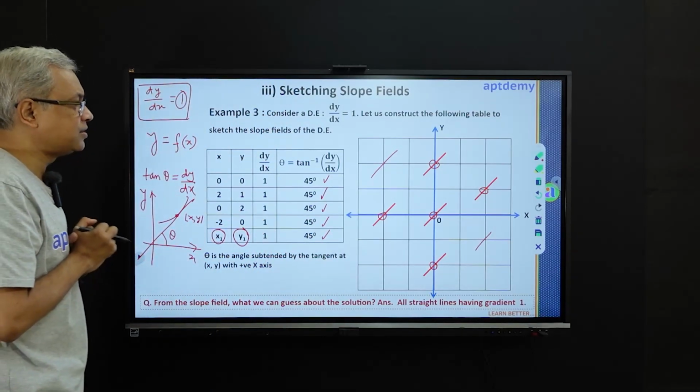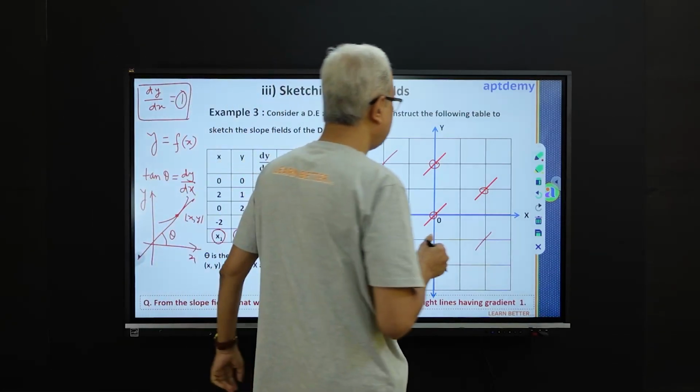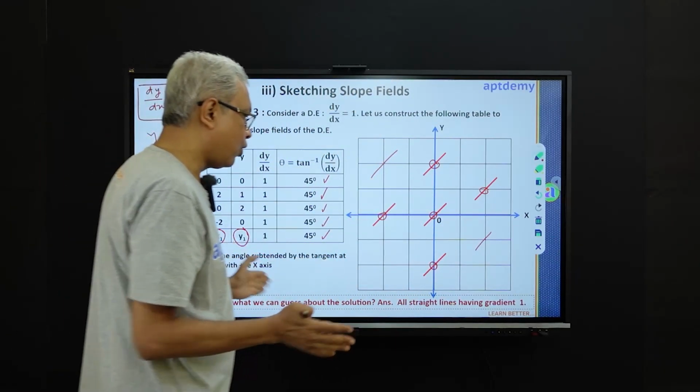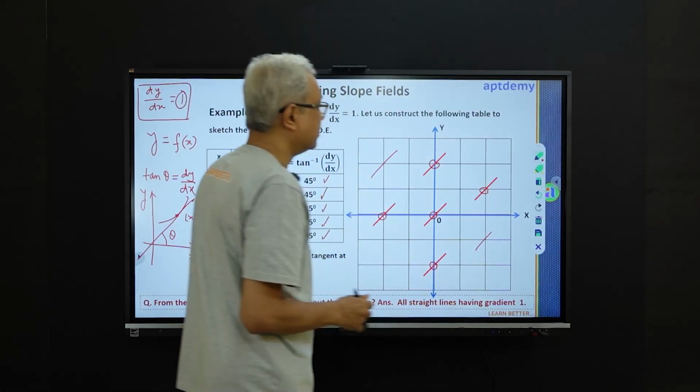Okay, that means your solution is what? Its solution will be the set of all straight lines having gradient 1.